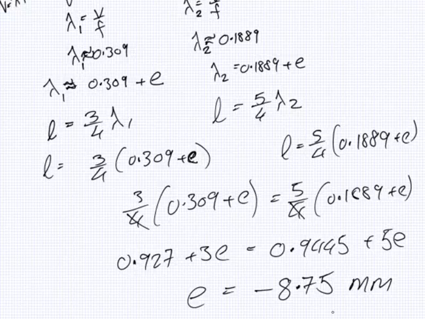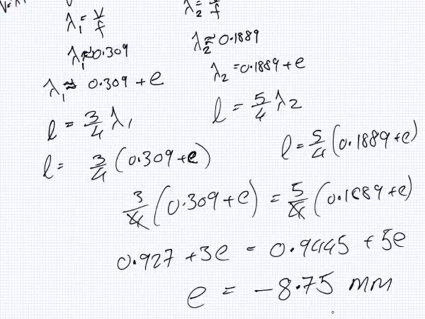Okay, now, if you look back here, this pipe has length L, and this is the same pipe, so it has the same length, true? So here, the length of the pipe would be how many wavelengths? It would be 3/4 of a wavelength. And here, how big is it? 5/4 of a wavelength.